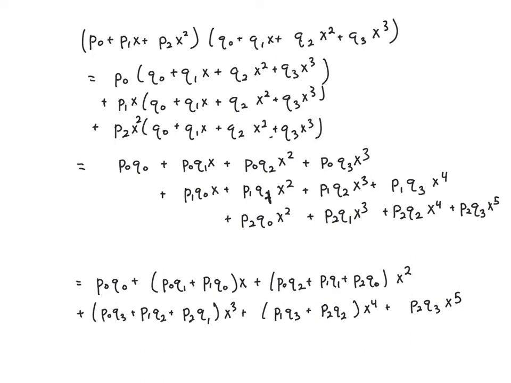And when I do this, I look and I see what's the coefficient of x. It's the sum of all the ways to write 1 as a sum of two integers, p0 plus q1, p1 plus q0. So 0, 1, and 1, 0. How many ways can you write 2 as a sum of two non-negative integers? 0, 2, 1, 1, 2, 0.